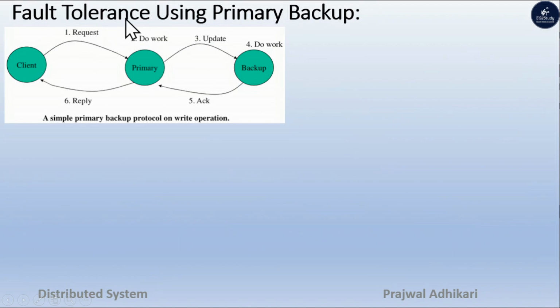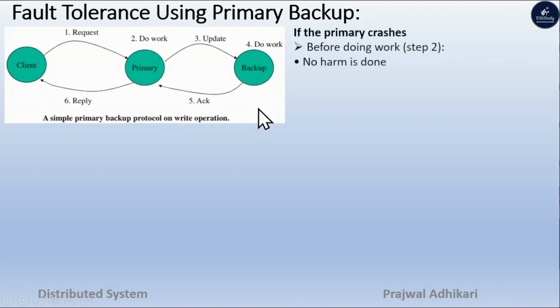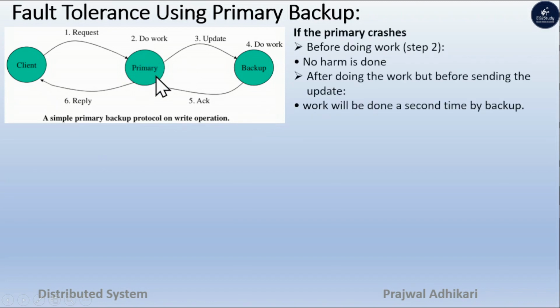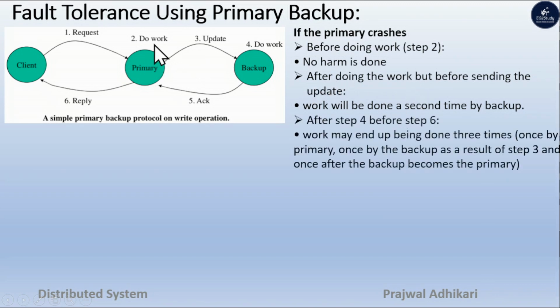Now, fault tolerance using primary backup. This is the simple primary backup protocol on a write operation. If the primary crashes before doing step 2, that is before doing the work, then no harm is done in the system. If the primary fails after doing the work but could not send the update, then the primary backup will work a second time.